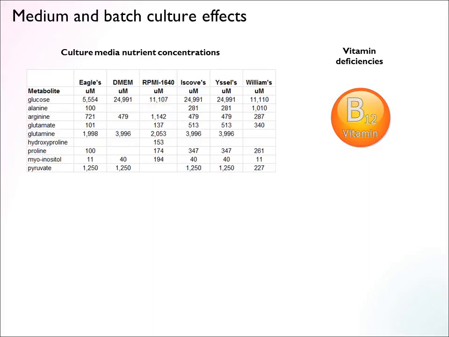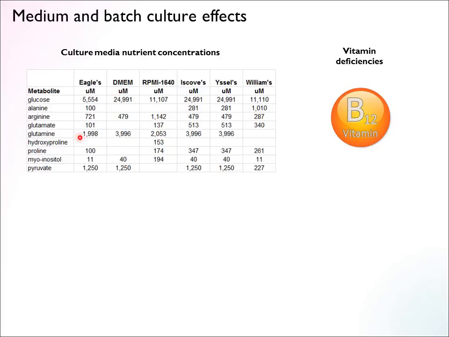Eagle's original medium, one of the first formulated, was physiological in this sense. It was 5 millimolar. And you can see there are some amino acids which are present in some media but absent in others. And some of them just vary a lot in concentration. Twofold variations in some amino acids is not uncommon at all.